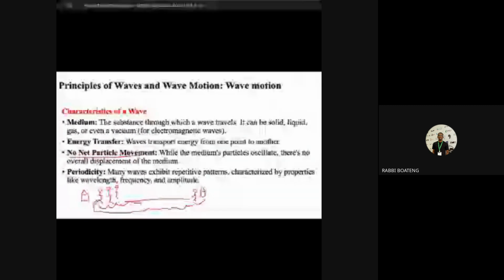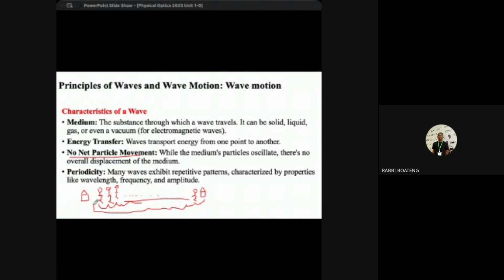Okay, perfect. Is that okay? So the particle itself doesn't transfer the energy. The particle movement is not related to moving an energy. Is that okay? So what we are talking about is there's no net particle movement in this kind of a wave. Is that okay?